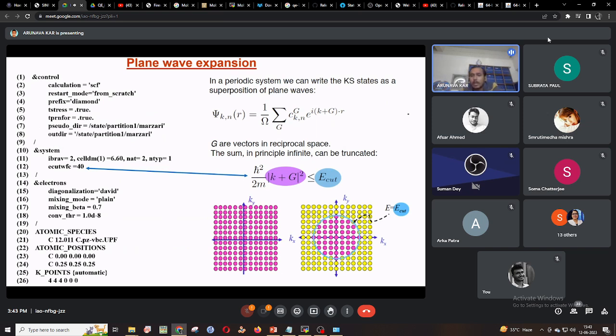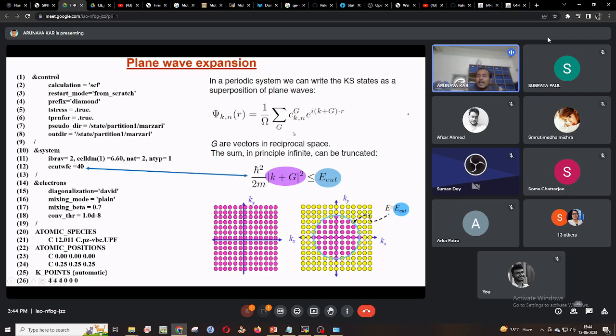Now the plane wave expansion of our system. As we are trying to understand, when there is a periodic potential, we always try to expand the system in terms of plane waves. So if you write the wave function for this system, it should have this kind of expansion, with these Fourier coefficients.